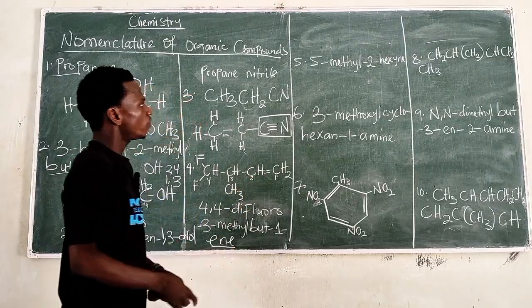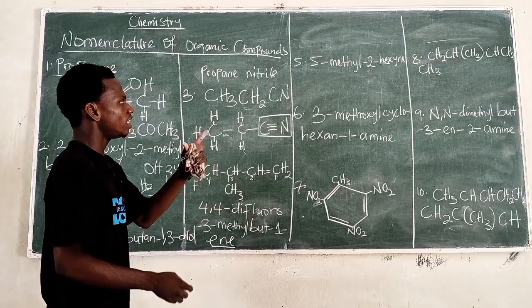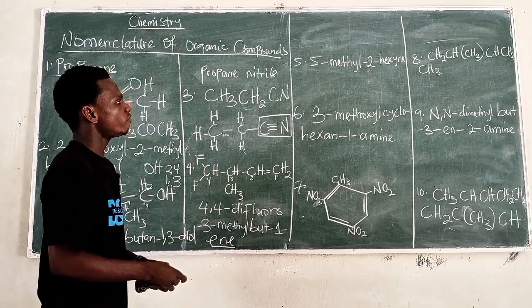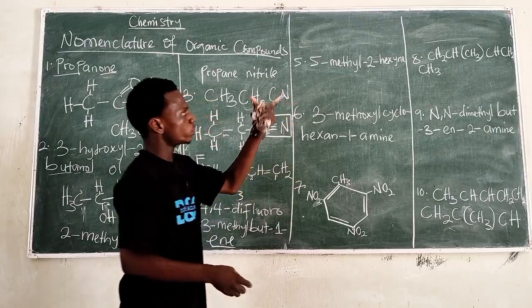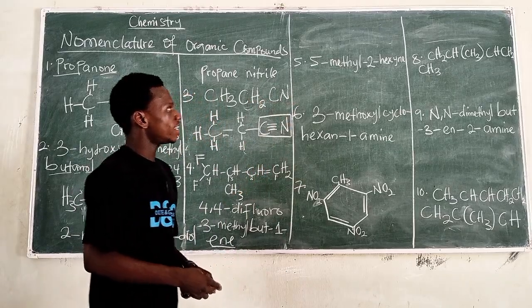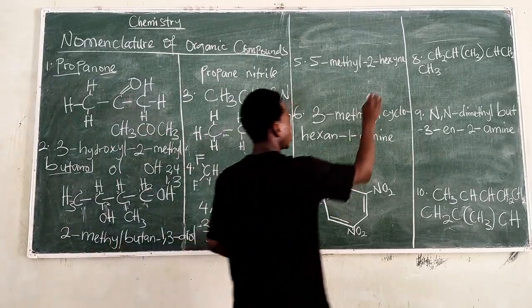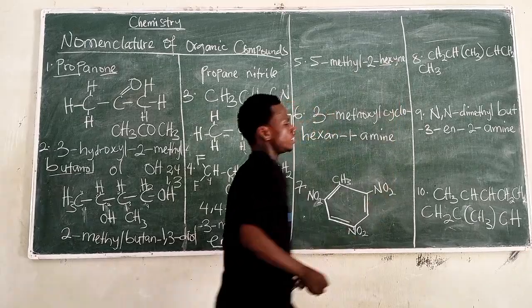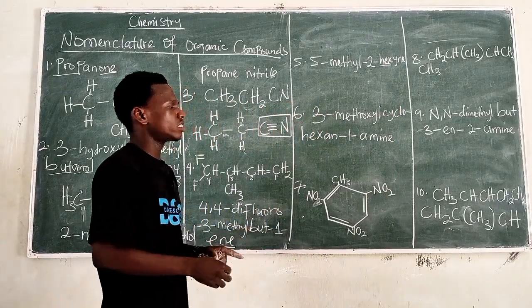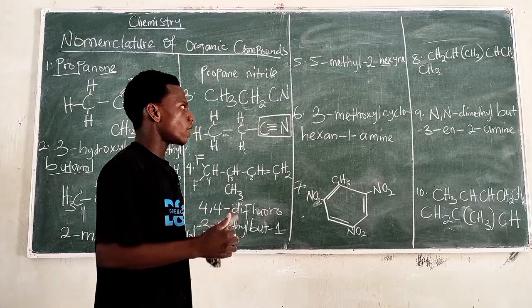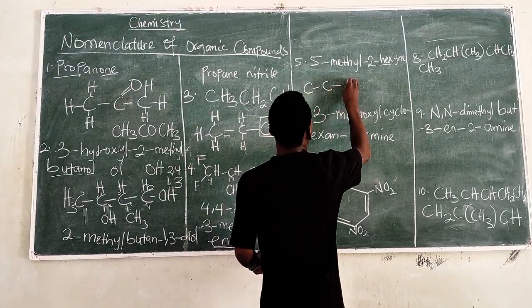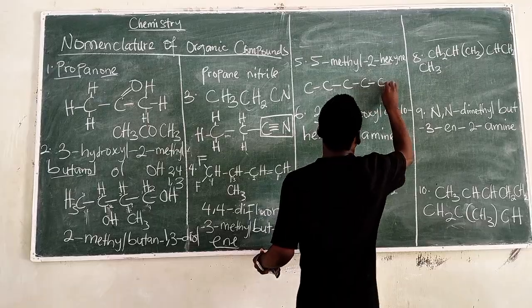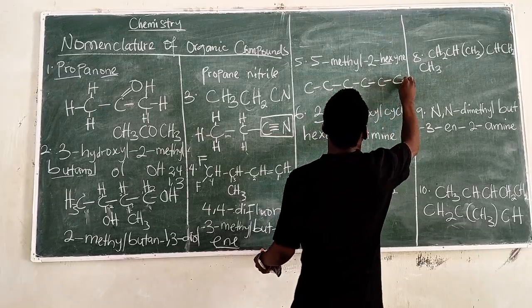So on question 5, we have the name given, and the name is 5-methyl-2-hexyne. The first thing to do, you identify your longest continuous carbon chain, which is hex, and hex means 6 carbon atoms. So we have 1, 2, 3, 4, 5, and 6.